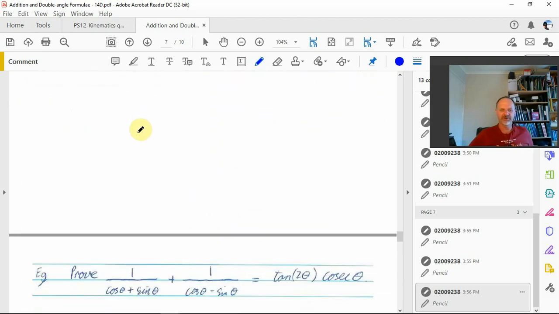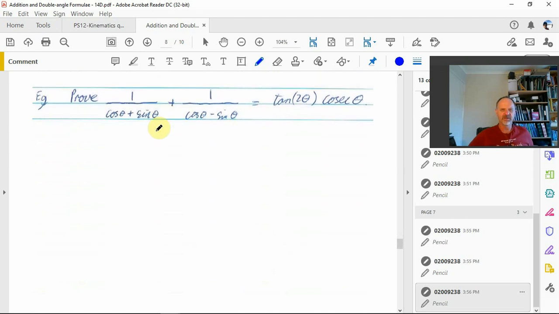The next proof, here it is. Prove that 1 over cos plus sine plus 1 over cos minus sine is tan 2 theta cosec theta. All right. So again, I'm going to choose to work with the left-hand side.